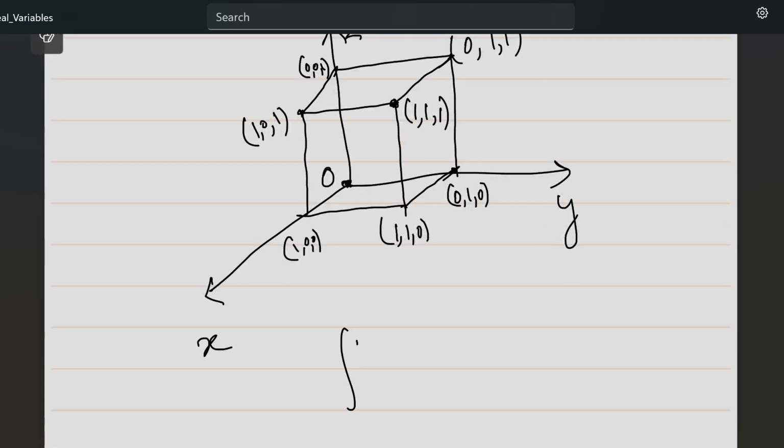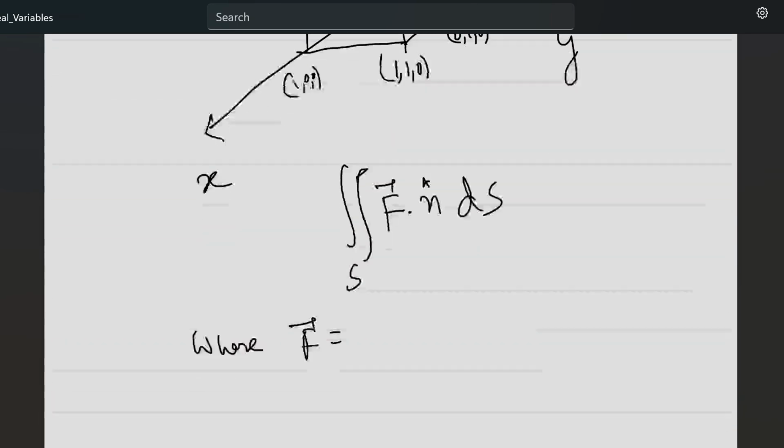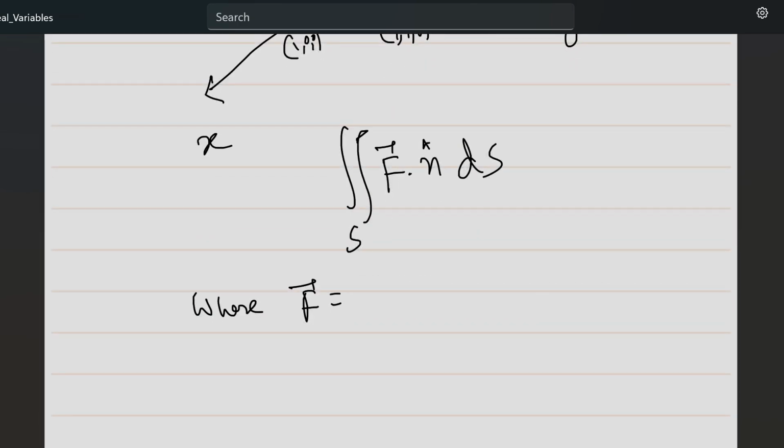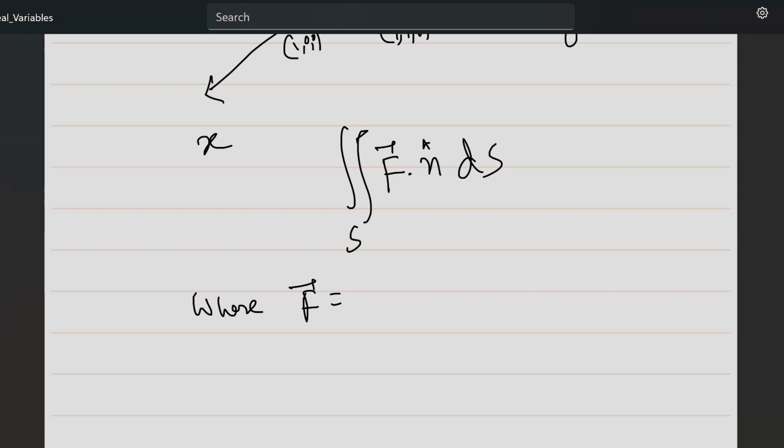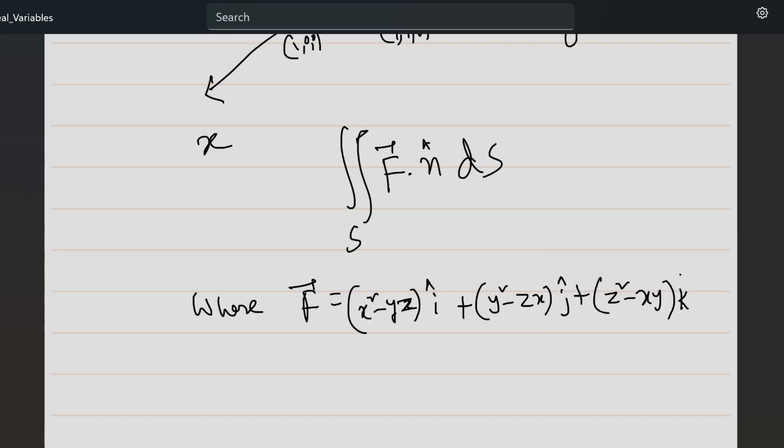So you have to find the surface integral of f dot n hat dS, where f is x square minus yz, y square minus zx, z square minus xy.